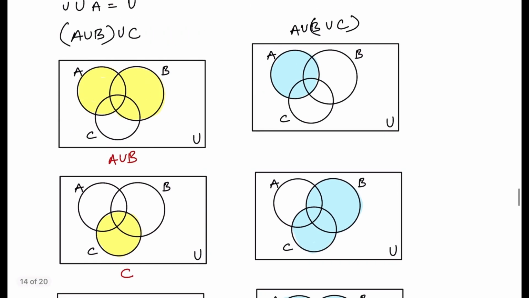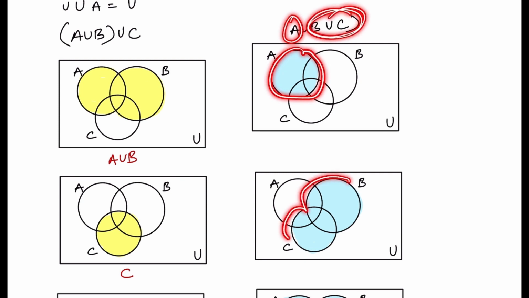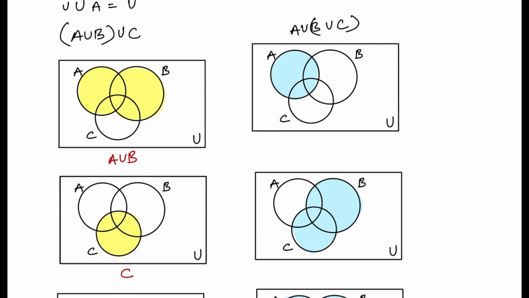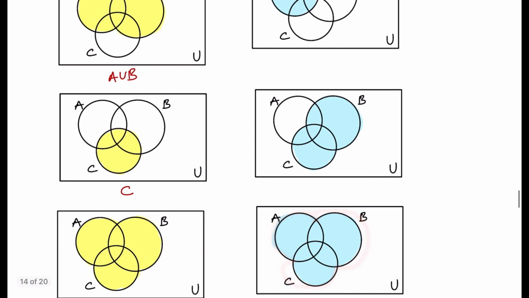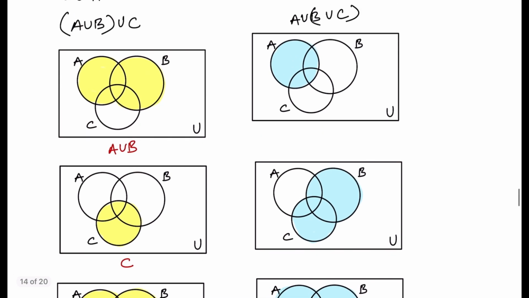So in between A and B union C there is a union. This is the region for A, and this is the region for B union C. Now we will combine this and this. If we combine both then we will get this region, by combining we get the union.